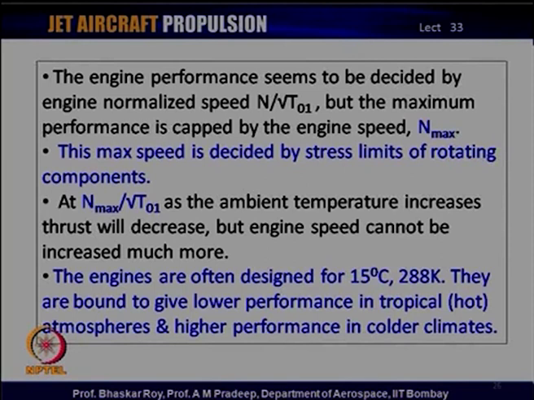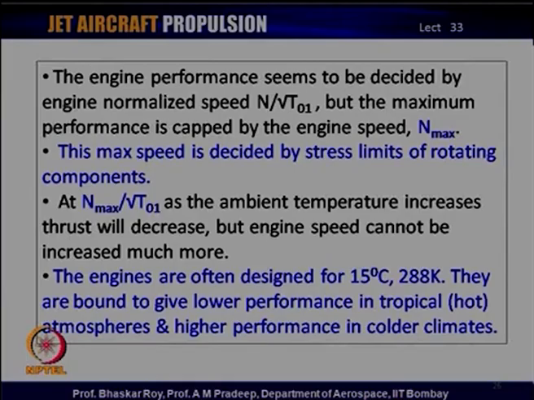Now, if you do that, the engine performance, as you can see over the entire procedure that we have gone through, is decided by the engine normalized speed to begin with, n by root over T 01, but the maximum performance is capped by the engine maximum design speed, that is n max, for which the engine components have been designed taking into account the structural and many other issues, and hence there is no way an engine is going to operate beyond n max. So, the engine maximum speed is decided typically by the stress limits of the rotating components of compressor and turbine.